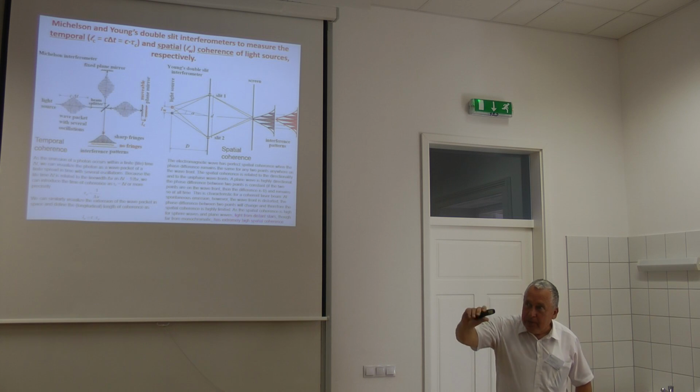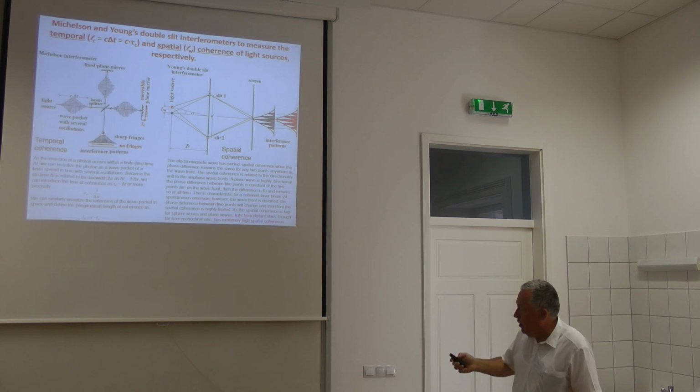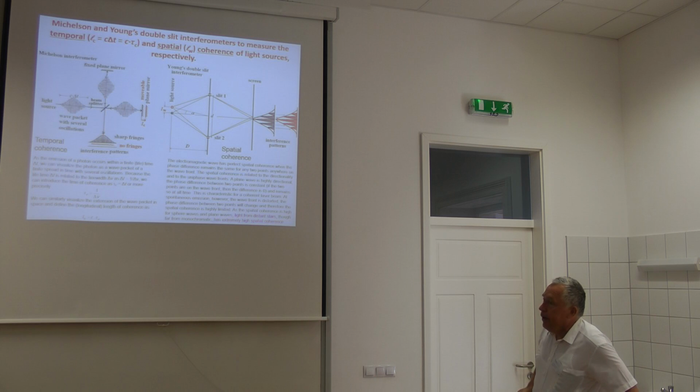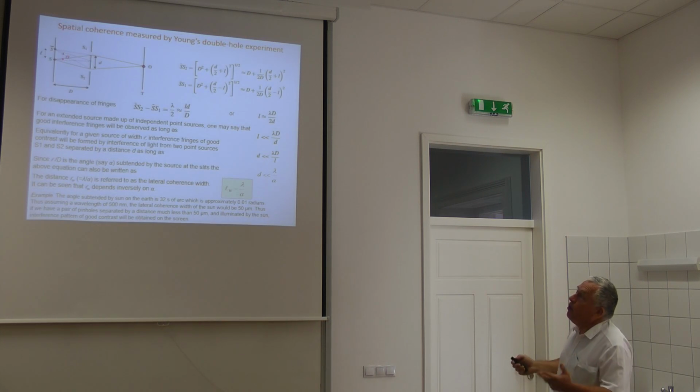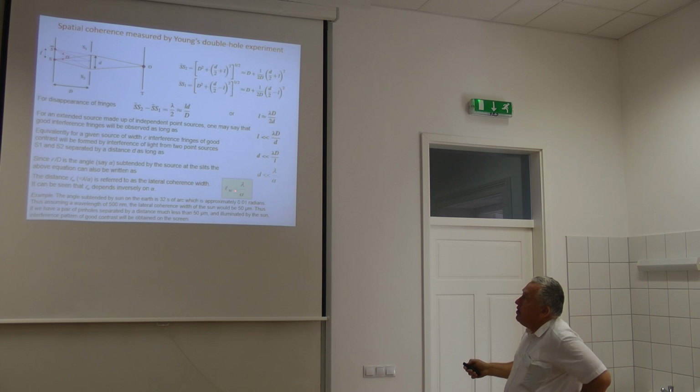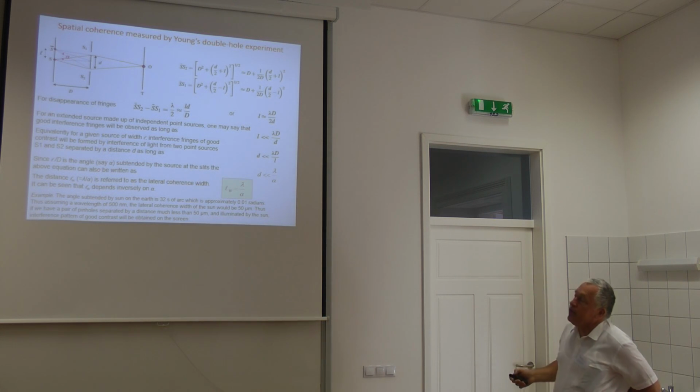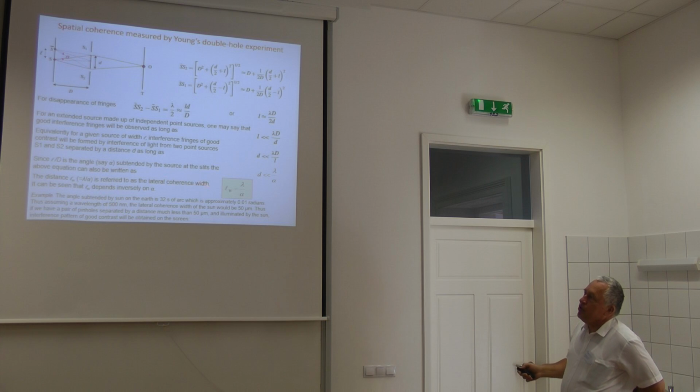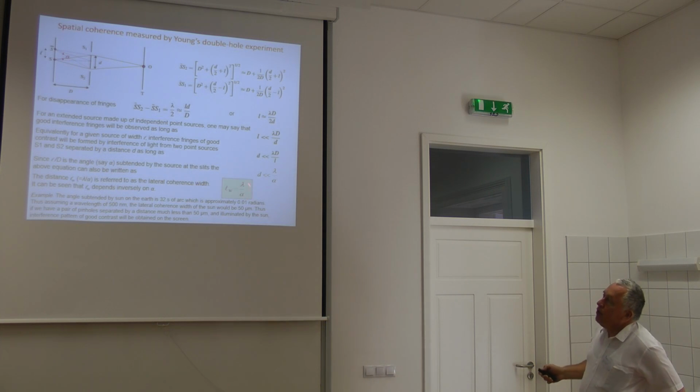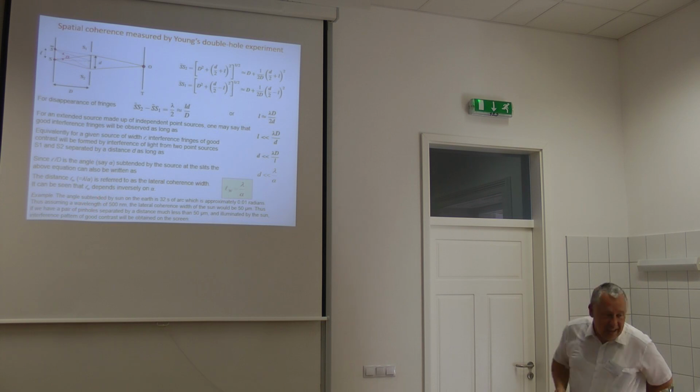But to keep the umbrella, you will experience this type of observation. Now, here you can also calculate the lateral coherence, a result of the spatial coherence. You can see this example, which is overstressed.